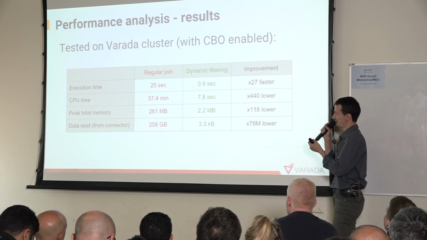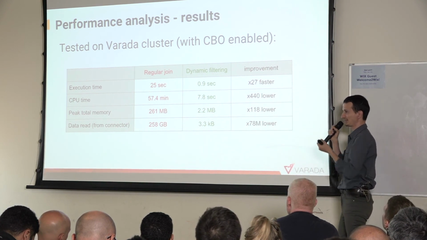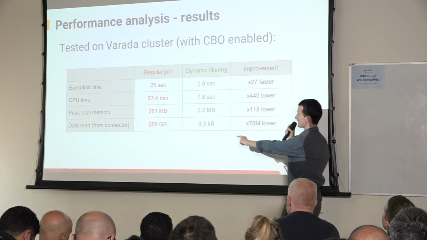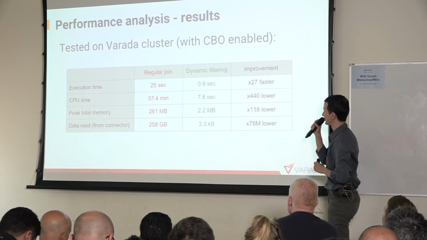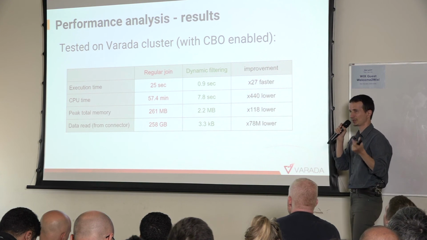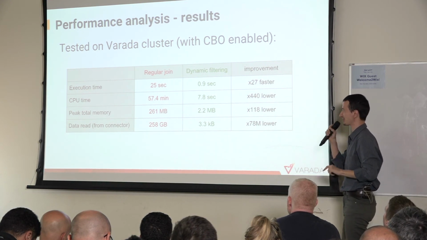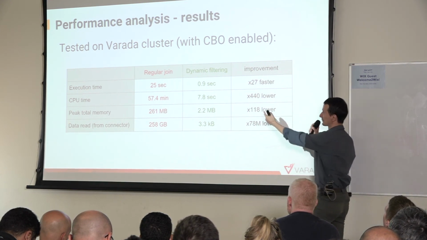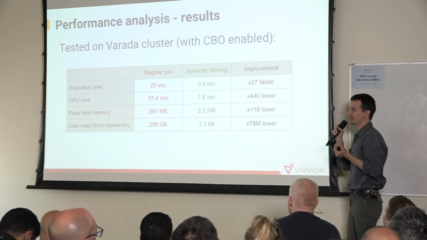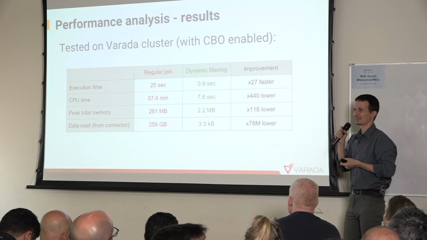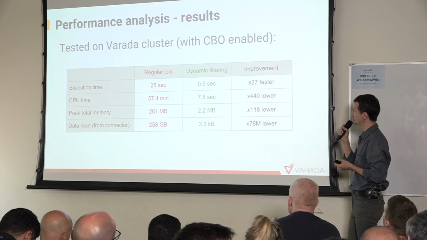It doesn't need to read them because we compute the dynamic predicate, and this results in much less CPU processing. You can see it's almost 3 orders of magnitude less CPU time required from the cluster, so the cluster is much, much quieter, and it improves the execution time significantly because we don't need to process all the data that is not relevant to the results of the join.